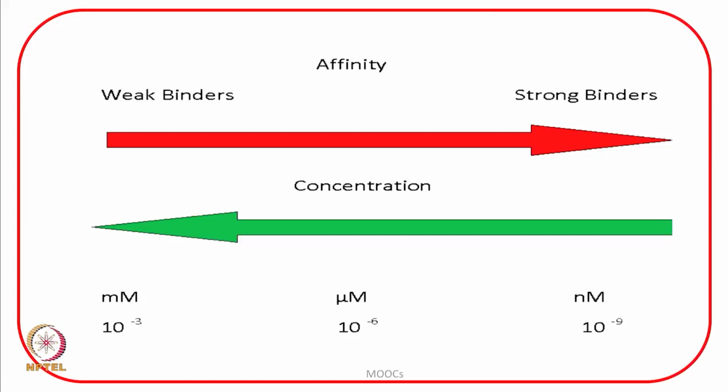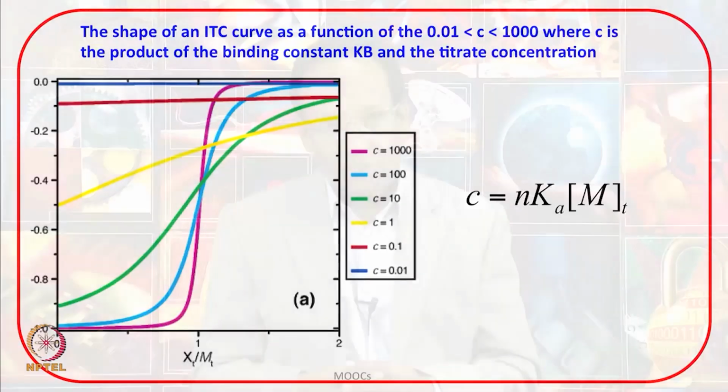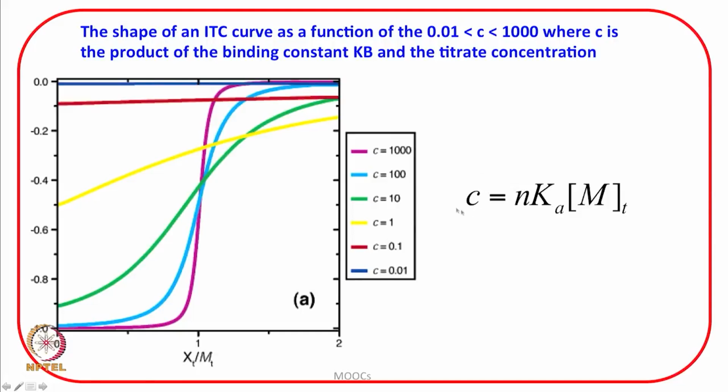And the general expression which helps in designing the isothermal titration calorimetric experiment is given in this slide, which is a factor C. C is equal to the stoichiometry of the reaction, N, which is the stoichiometry of binding, into binding constant, or I can also call it as association constant, into the total macromolecule concentration.